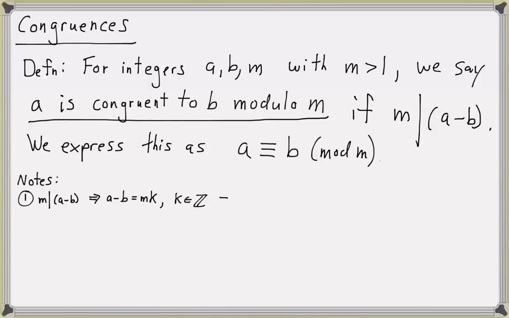But if I rearrange this, I see that a equals mk plus b. So a is in the arithmetic progression mk plus b, where k ranges over all integers.